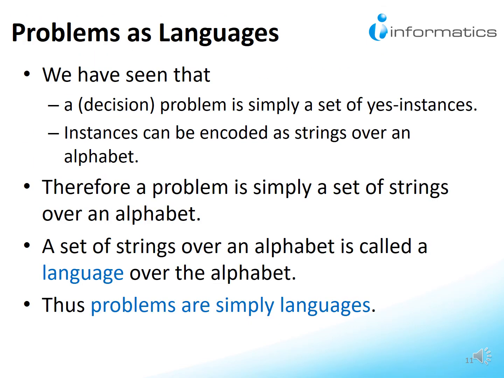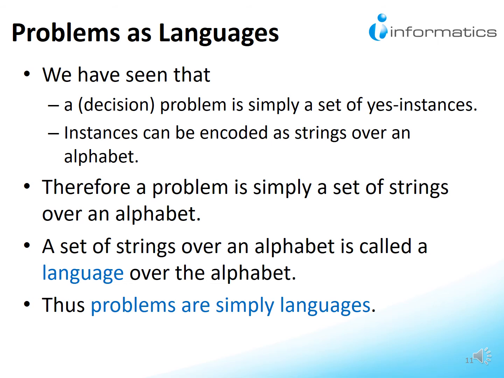Let us summarize what we got so far. We agree that problem means decision problem. And we also agree that problem means the set of instances corresponding to the yes answer. In other words, problem means the set of yes instances.